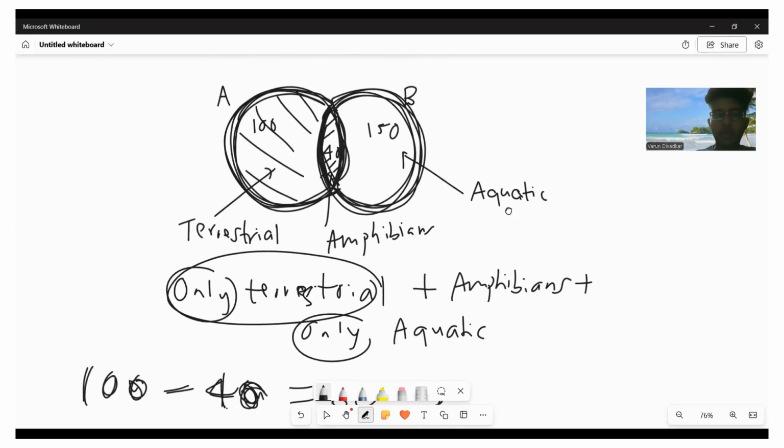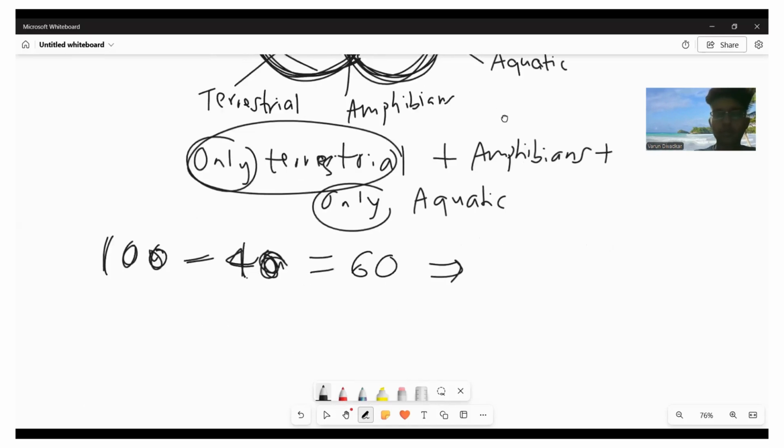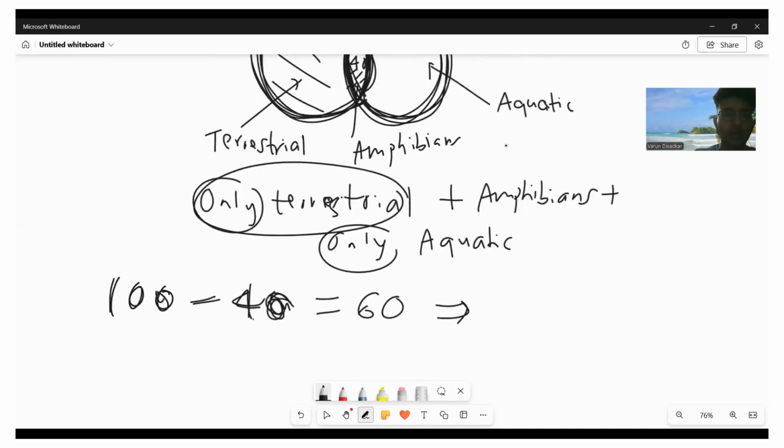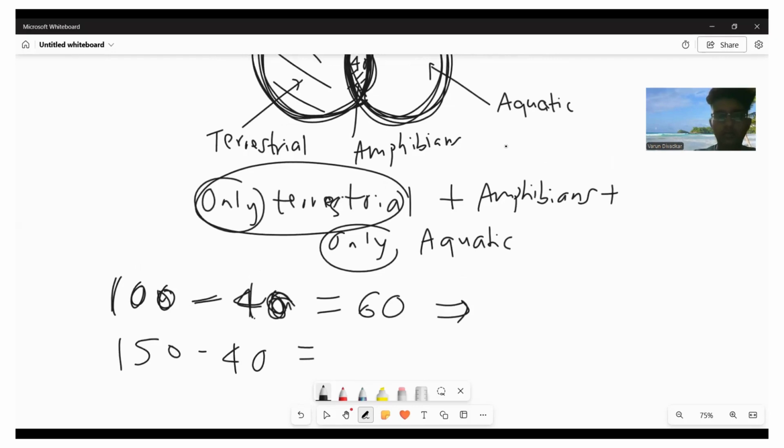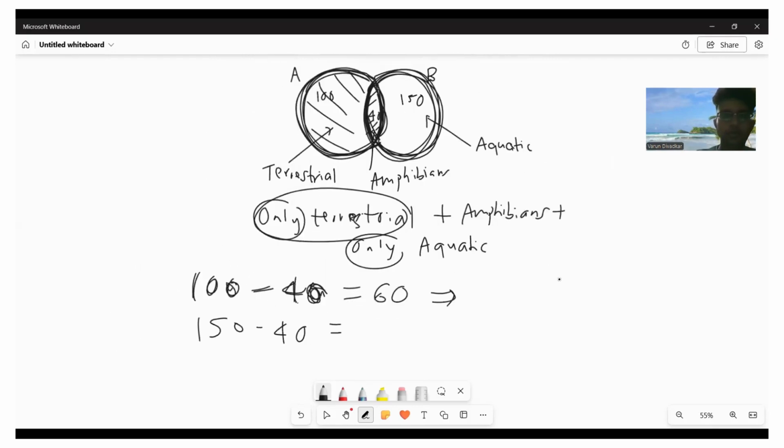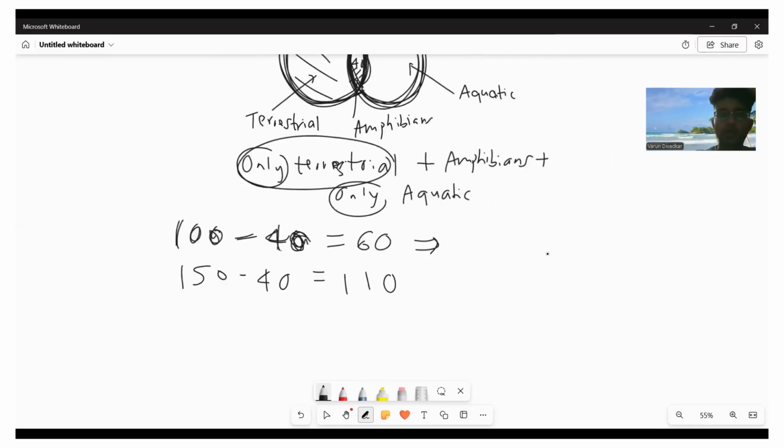So it's given by 150 minus 40, which equals 110, right? So using this formula, only terrestrial is 60 plus the number of amphibians is 40 plus only aquatic, which is 110.